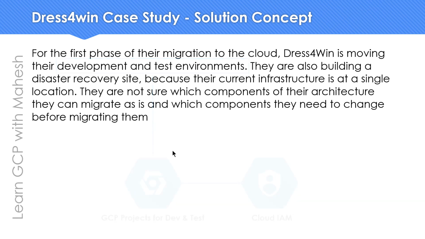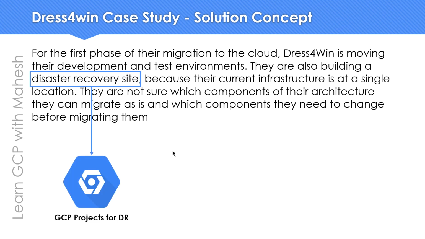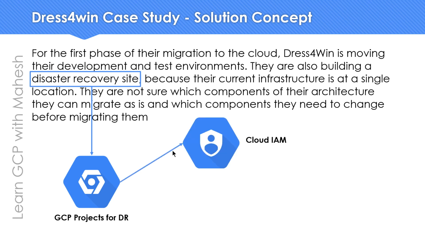Let's move on. The next important thing is they also want to have a DR site in cloud. So what does this translate to? Again, this should translate to your project. Have a dedicated project called Dress4win DR, something like that. And definitely you need to work on cloud IAM.